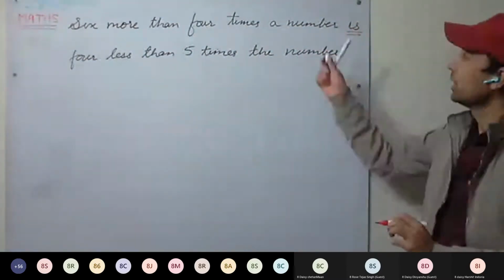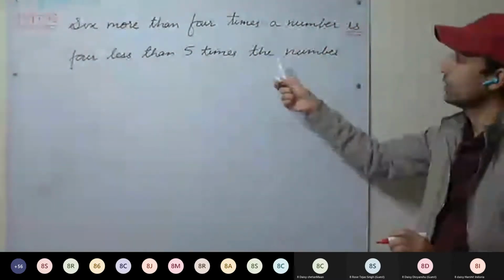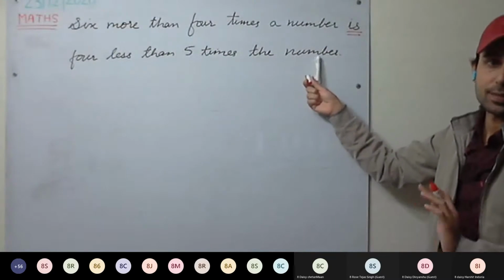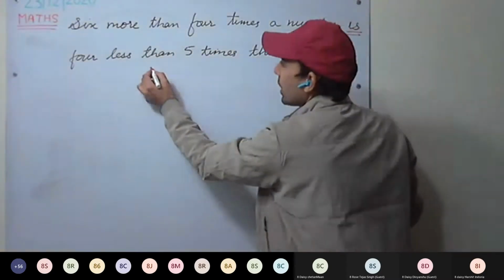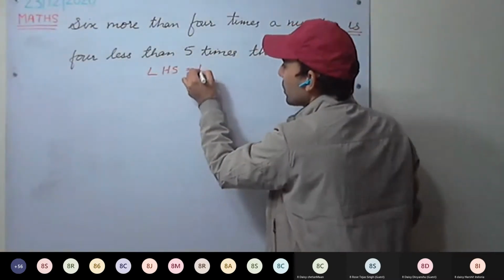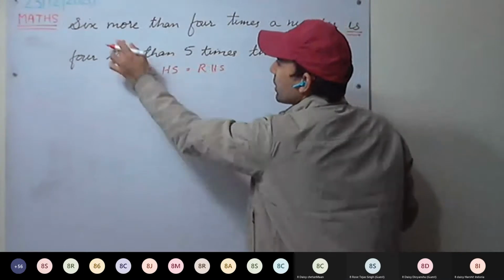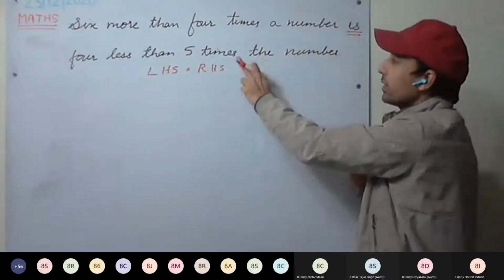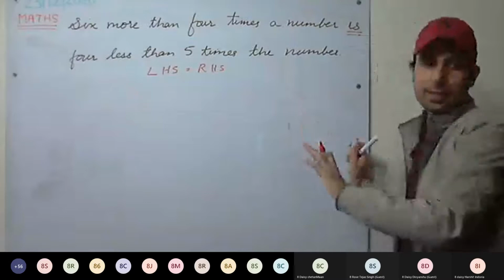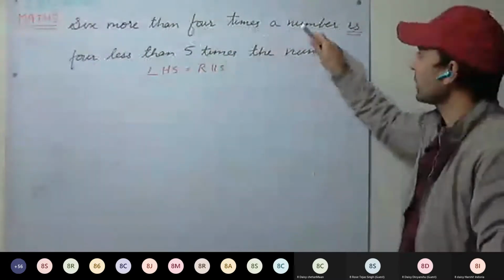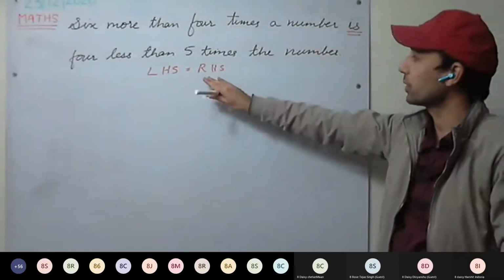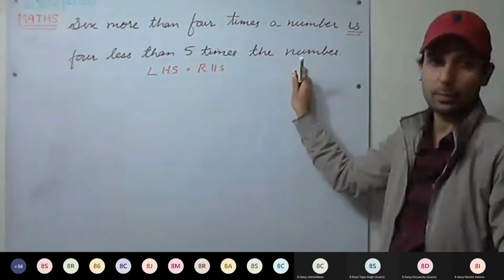The first line is equal to the second line. So we are getting left hand side equal to right hand side. This first line is left hand side. Second line is right hand side. This is clear to you? 6 more than 4 times a number is equal to 4 less than 5 times the number.